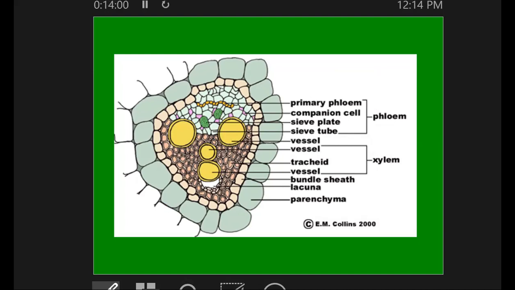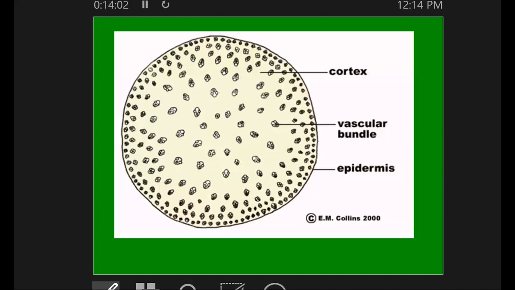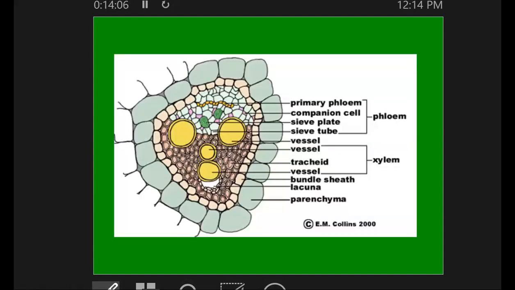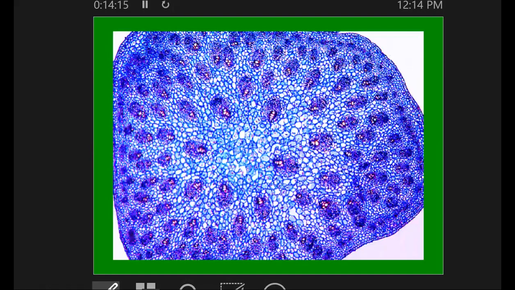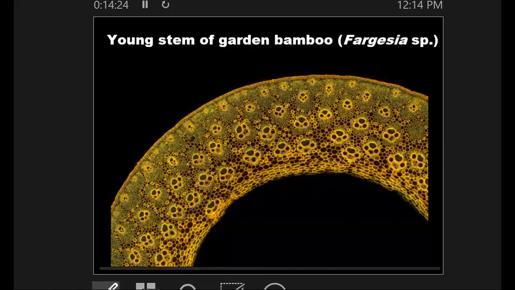So each one of these vascular bundles, if you were to zoom in, you might see something like this. Now this is, someone drew this. It's not an actual slide specimen. Often they don't look quite so distinct, like that's an actual slide of a monocot stem, and you can't really see the face, but this one is a little bit better.